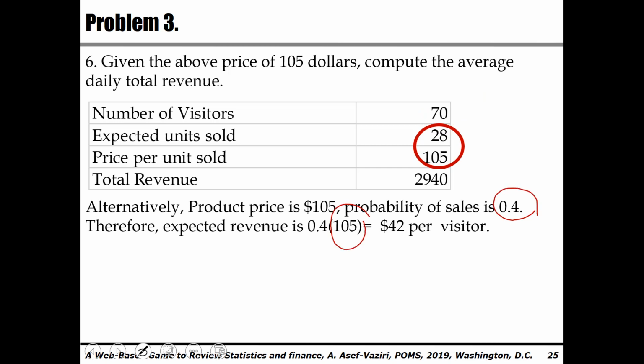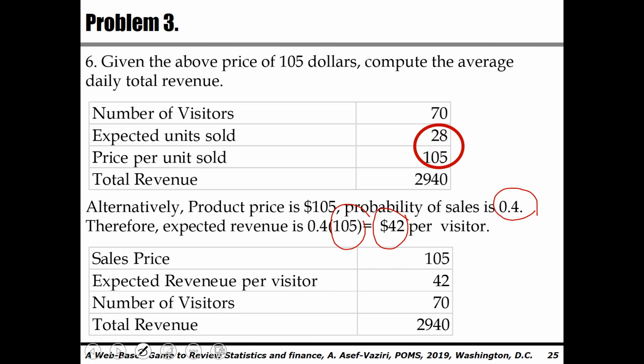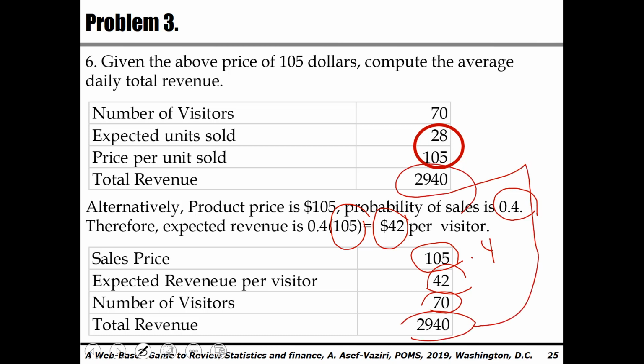Each unit is sold for $105. Therefore, on average, we get $42 from each customer. And then we write sale price, 105, multiply by 0.4 is equal to 42. But here, 70 people visit our website, 2940.